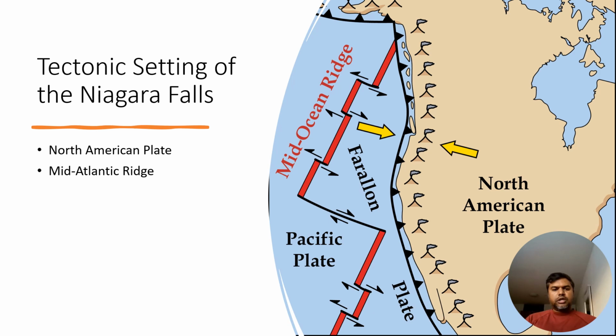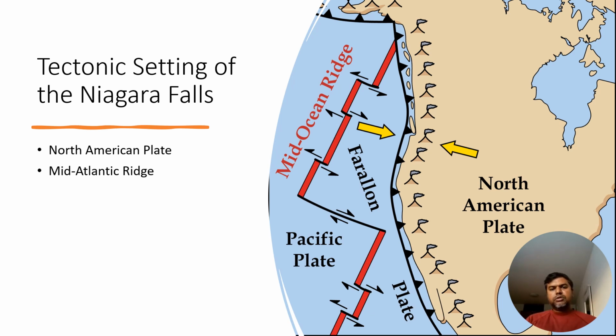Let's talk about the tectonic setting of Niagara Falls. Niagara Falls is located in the northeastern part of North America, straddling the border between Ontario, Canada, and New York, USA. It's situated within the interior of the North American plate, far from any plate boundaries.